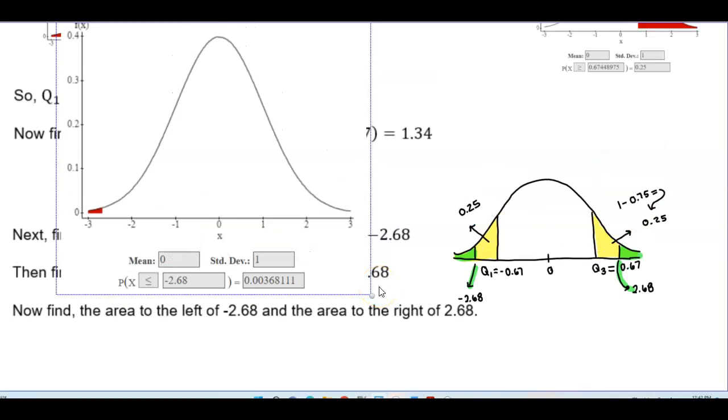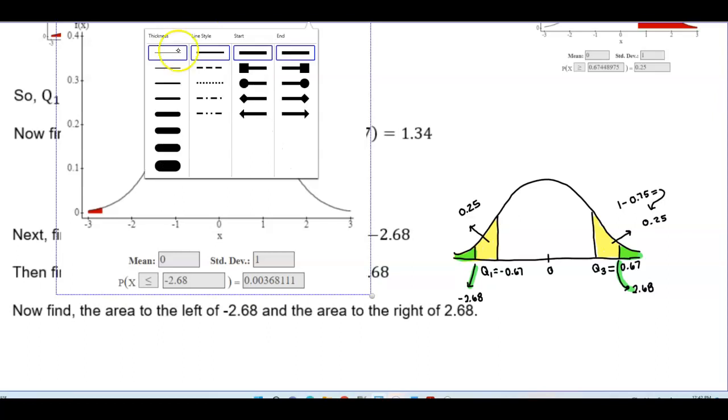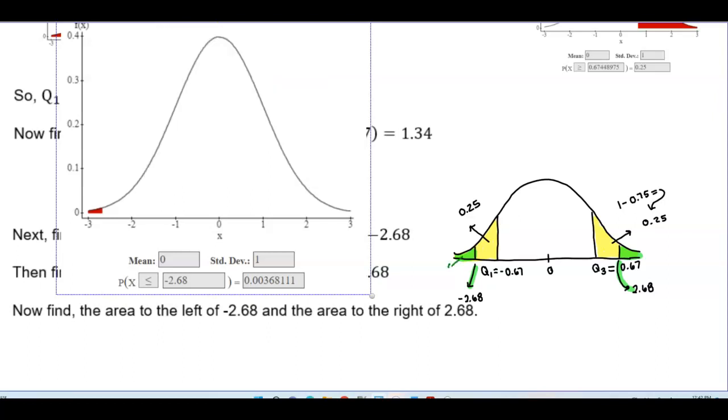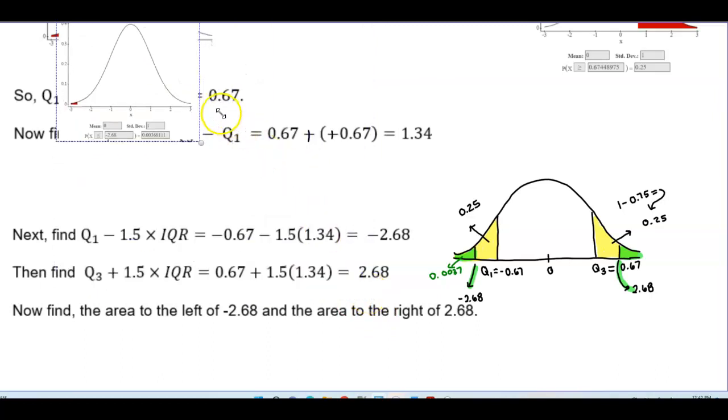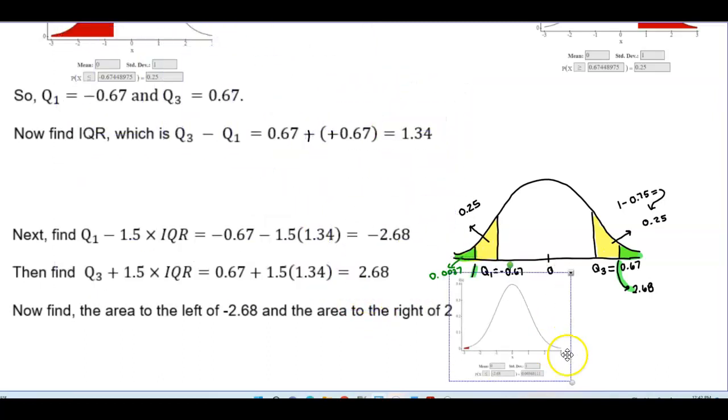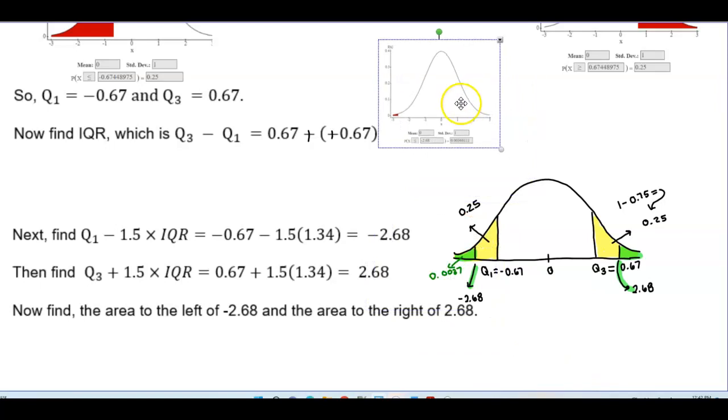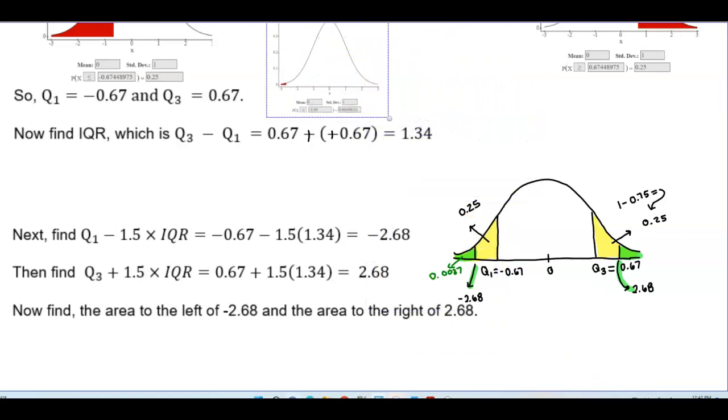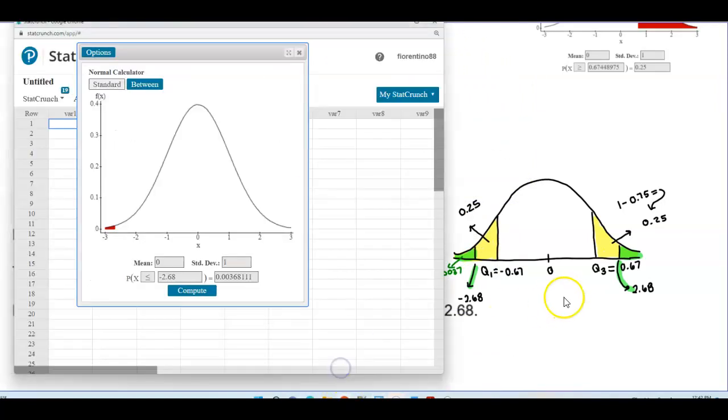So this area here is 0.0037. Okay, and now we want to go back and find the area on the right.